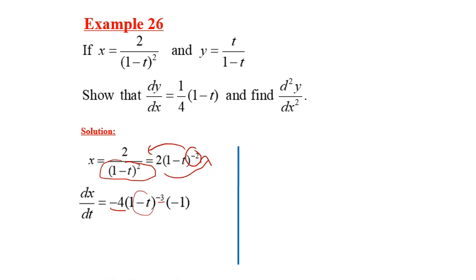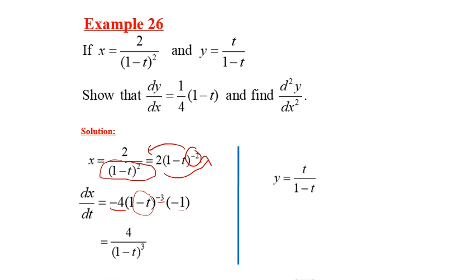And don't forget to differentiate inside, because many people forget to differentiate the function inside the power. Differentiating negative t, we get negative 1, so the impact here is negative, and the answer for dx/dt is positive 4. Then bring 1 minus t below, that is (1 minus t) to the power of 3. So that's for dx/dt.